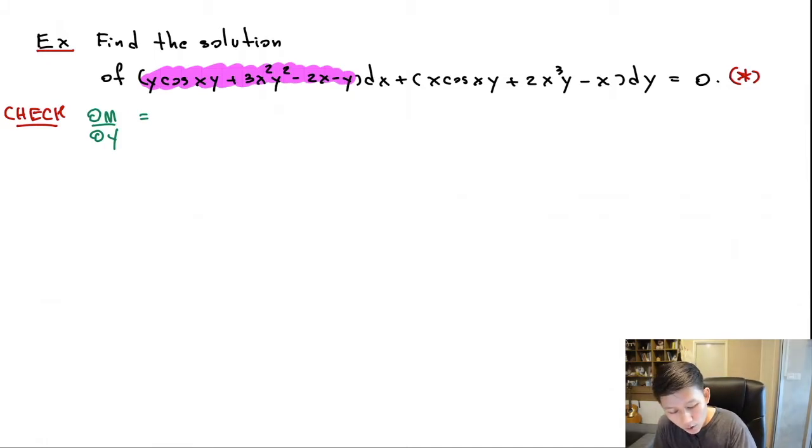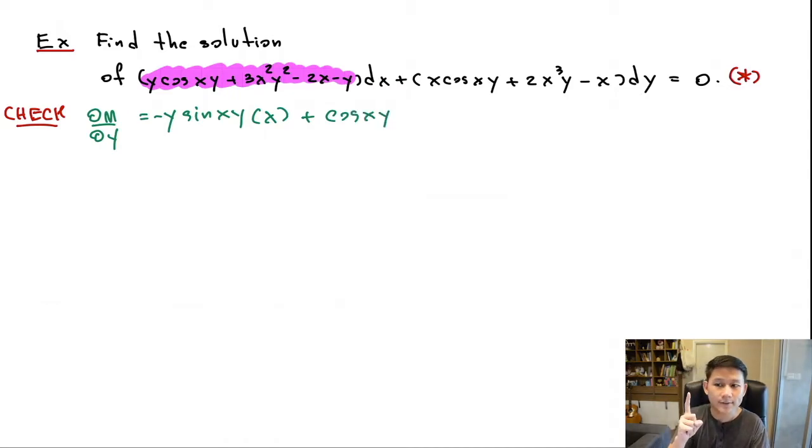So what you have here is y, derivative of cos is minus sine xy, and by chain rule you have x here, plus cos xy, dy by dy is just 1. Okay, so the next one is 6x squared y. Derivative of minus 2x by y is 0, and derivative of minus y is minus 1.